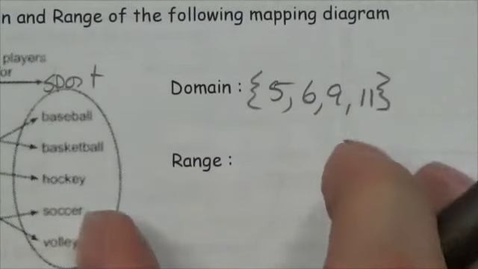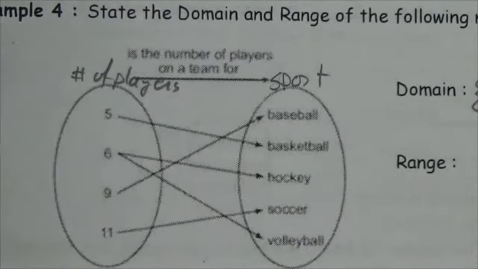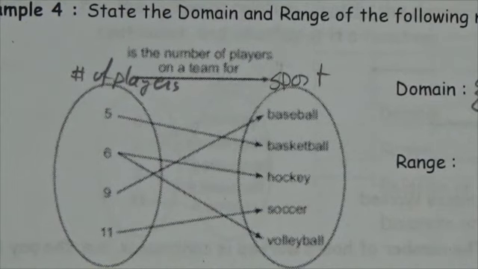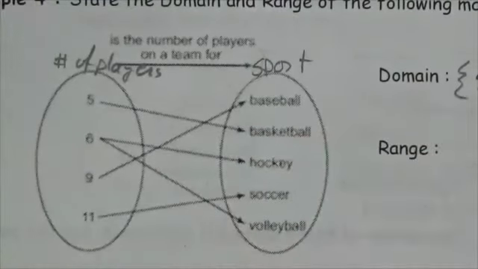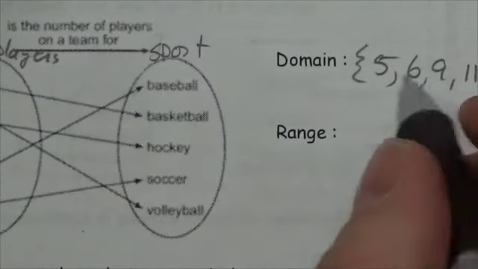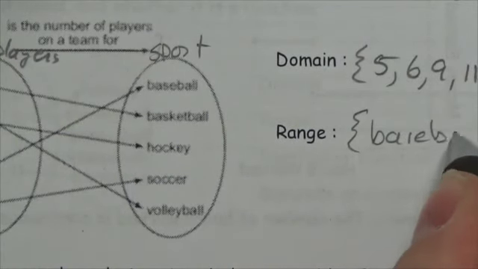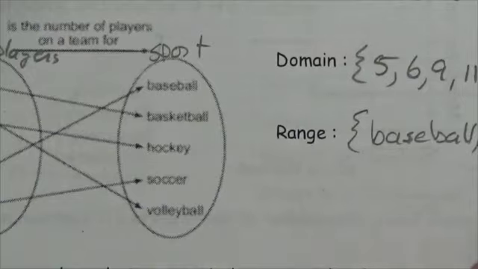And that's it. Okay, the range, remember now, the codomain would be all possible sports here. Could be anything here. But maybe there's some restrictions as to what we can do here, and so very specifically, these are the ones that we point to. And our range here is going to be baseball. Okay, I'm going to run out.